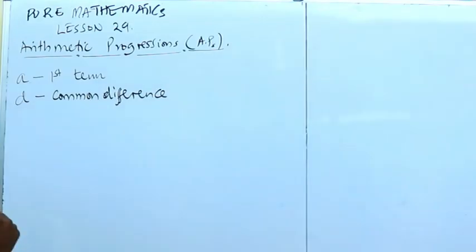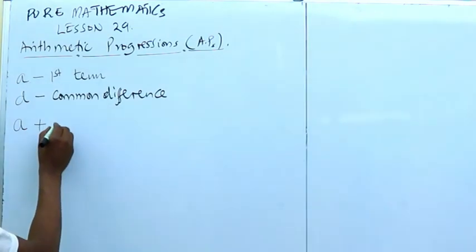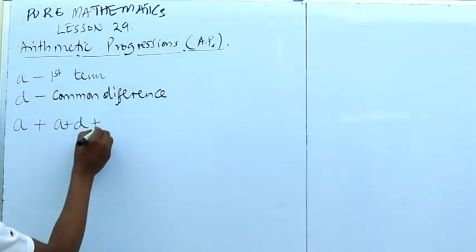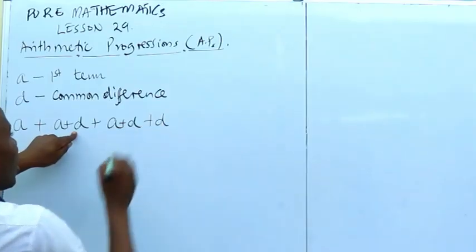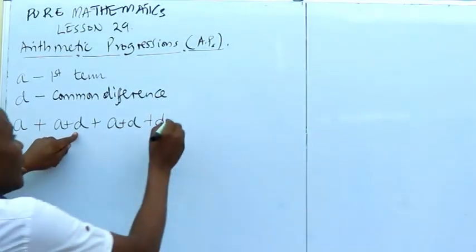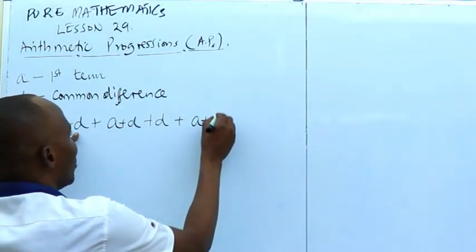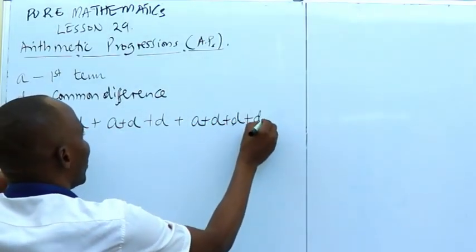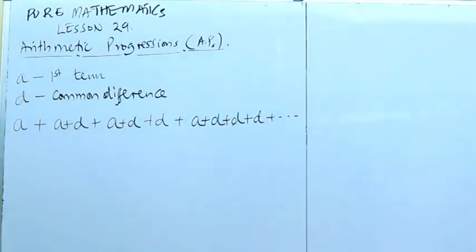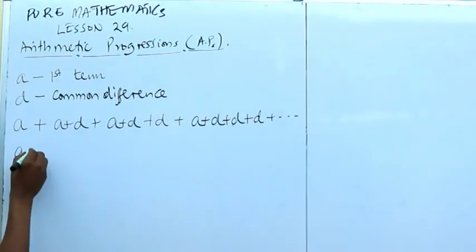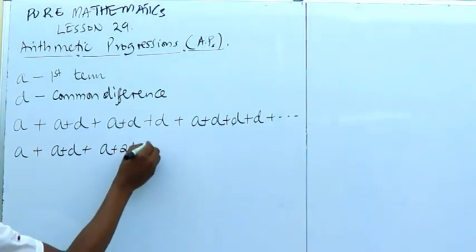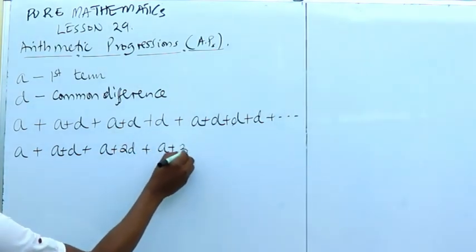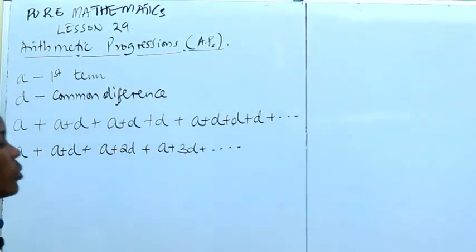We can generate a series from there. The first term being A, the second term is going to be A plus D, the next one will be the previous term plus the constant term D, which we have called the common difference. The next term is A plus D, then plus D, and so on. So I can have A, A plus D, A plus 2D, A plus 3D, and so on.